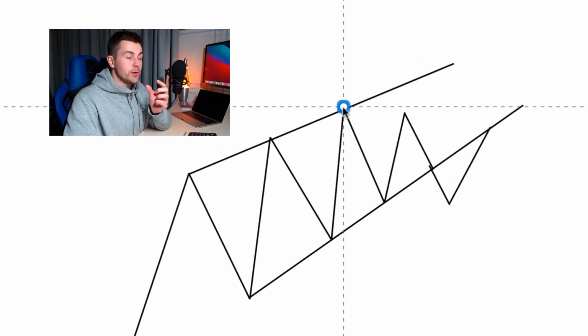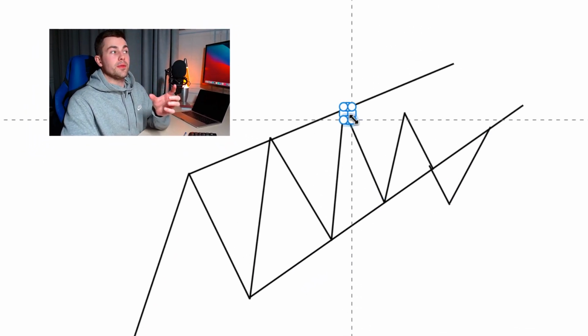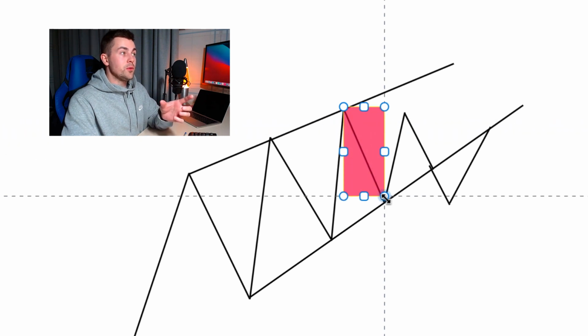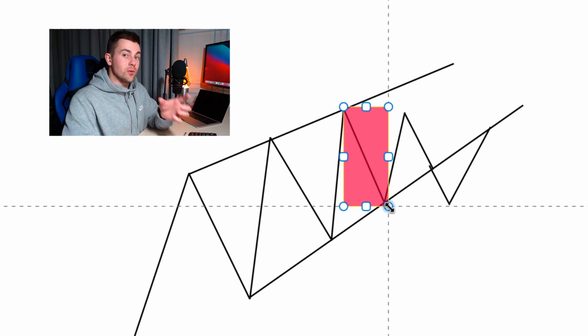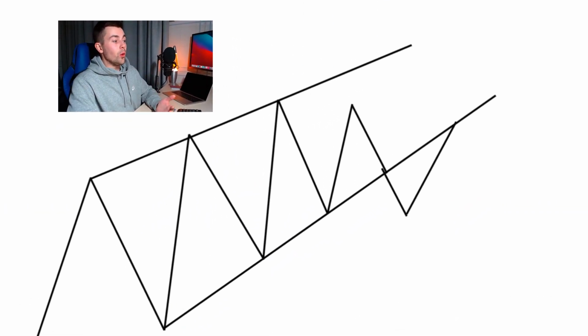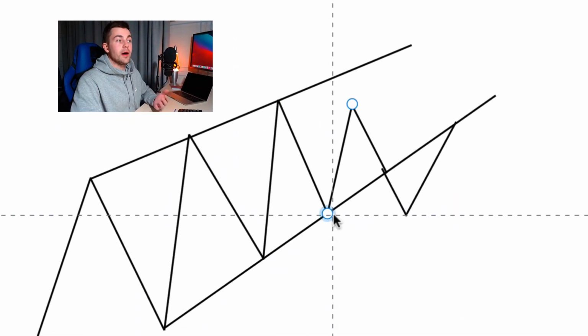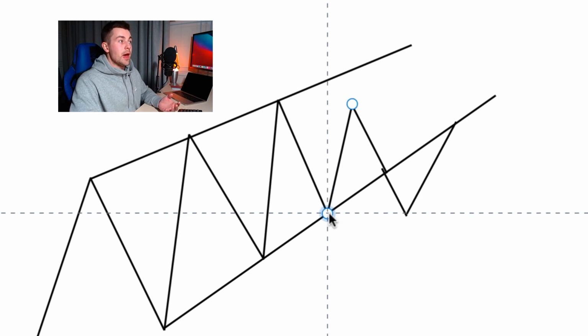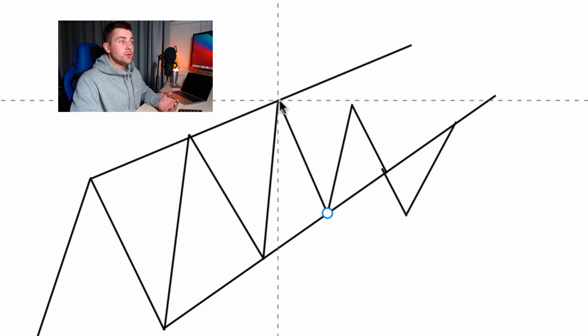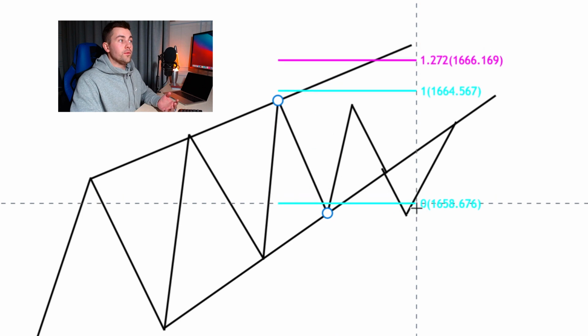Here we will strictly apply the leg from the structure high to the last structure low. This leg is important because based on it we will execute our Fib measurements. So I take the Fib extension tool, and from its low to its high I draw the Fib extension.